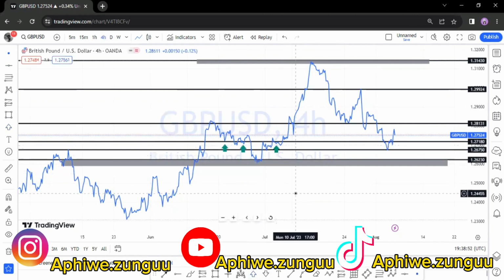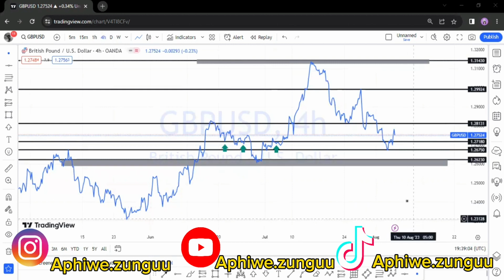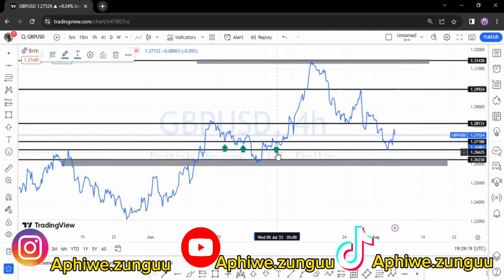So we're looking for areas that have 3 or more touches, knowing that if the market touches that area or bounces off that area, the market will respect it. We're looking at areas that we know are strong within the market. So that's what we're currently looking at in the market, right?